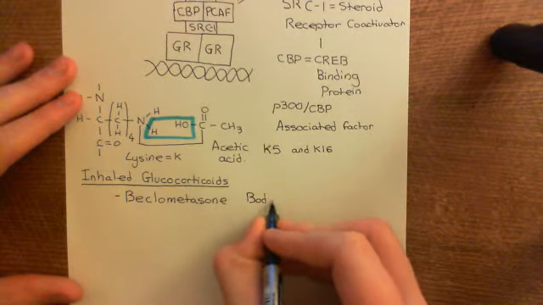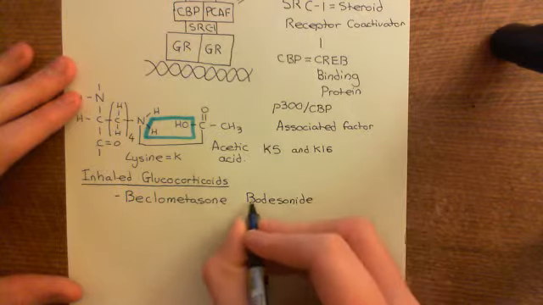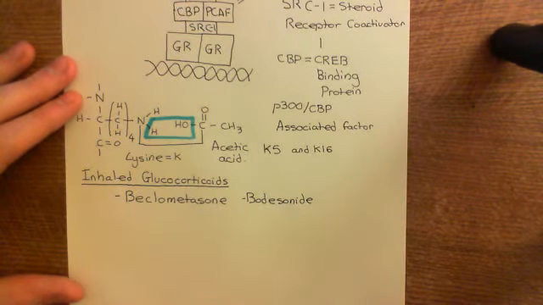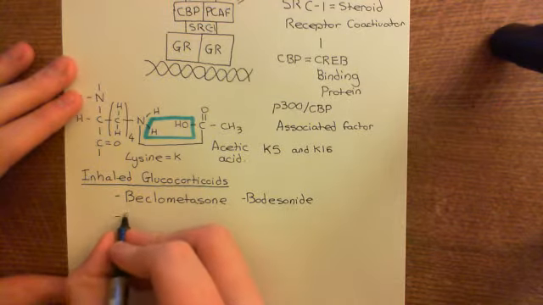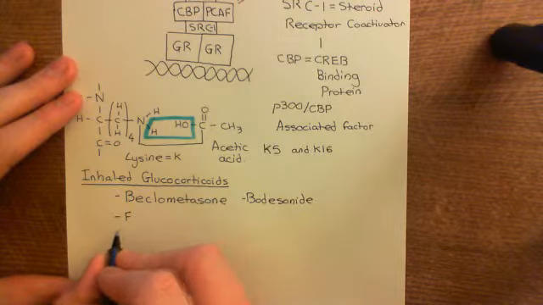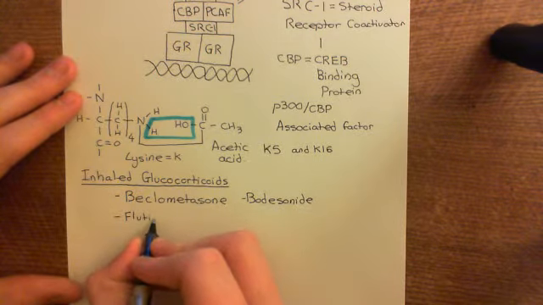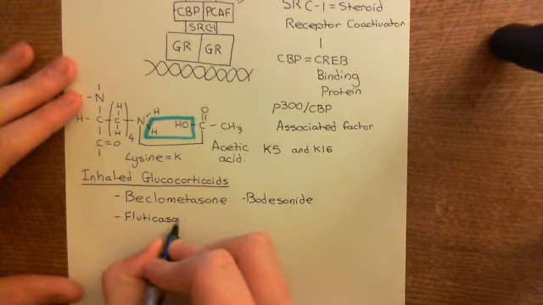That's another example of an inhaled glucocorticoid. Another one is called fluticasone. So beclometasone, budesonide, and fluticasone.